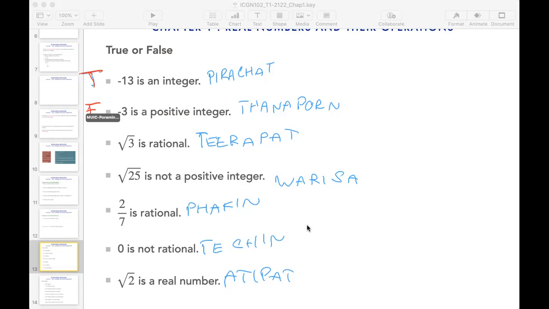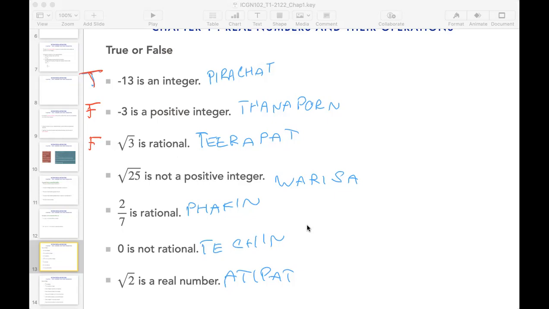So number 3, Thirapat, square root 3. False. Why is square root 3 not rational? You're not sure? When you see a question asking for some definition, you have to go back to the definition first.